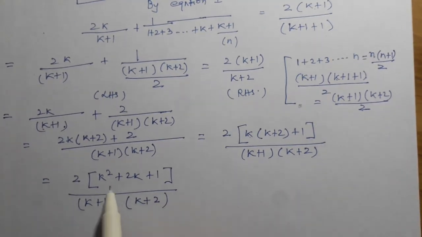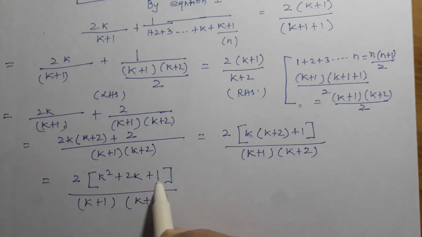Now we see that this is a square, b square, and it is 2ab. How? A square means k, b square means 1, k square 1. So it is a, it is b, and it is 2ab. 2ab from the formula, a is k, b is 1, 2k multiplied by 1 will be 2k. So it will be a plus b whole square on this line.